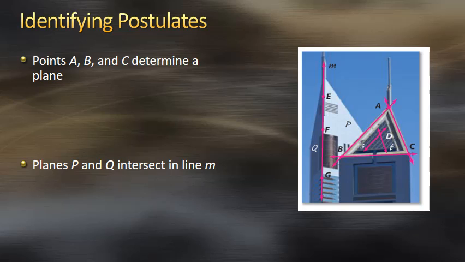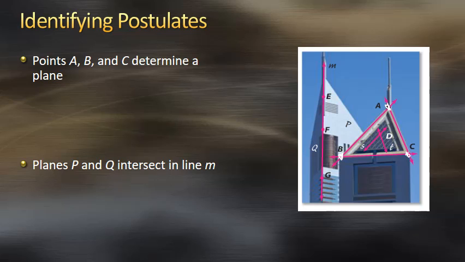It says points A, B, and C determine a plane. So let's identify what we see here. There's point A, and there's point B, and there's point C, and it certainly does look like it is in a plane here, but we have 3 non-collinear points.